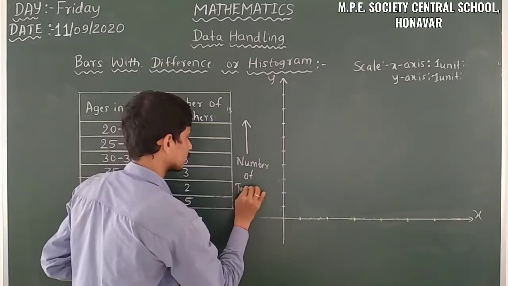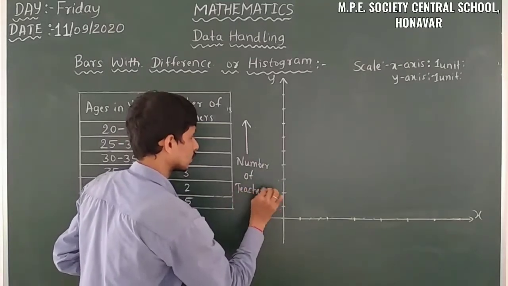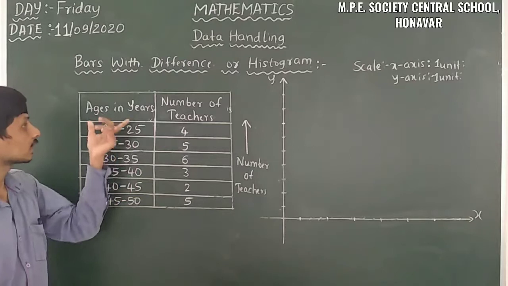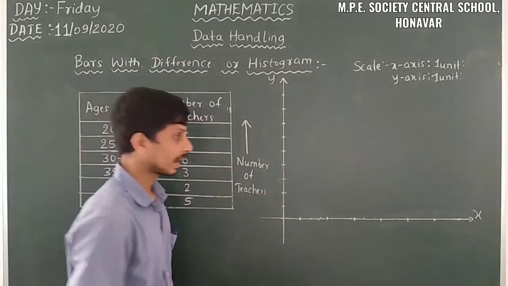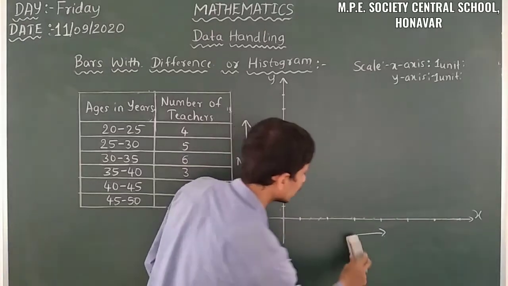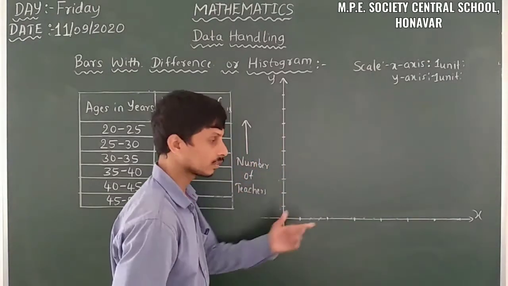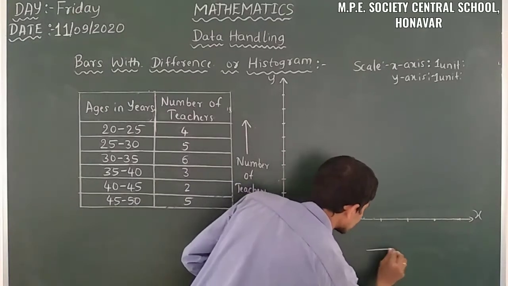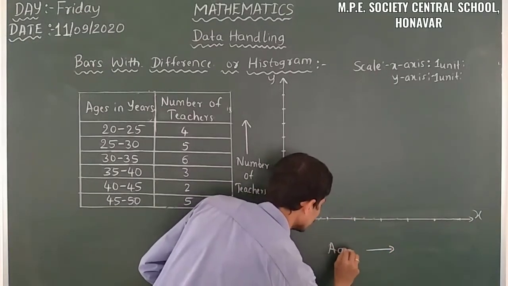Then we take the ages, or class interval, on the x axis, that is, ages in years.